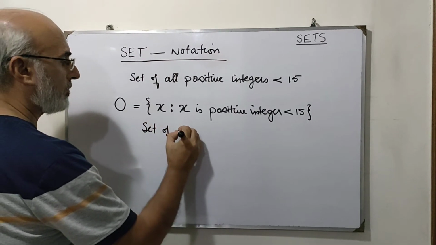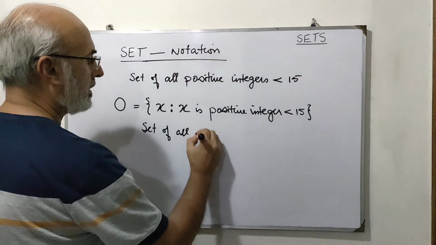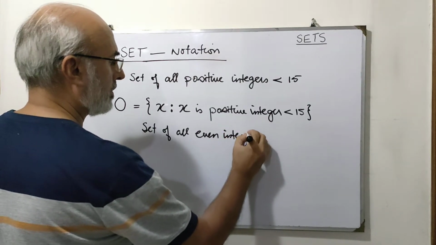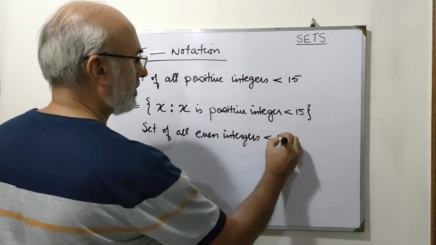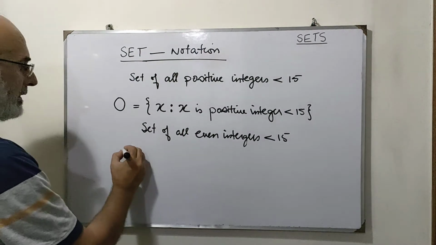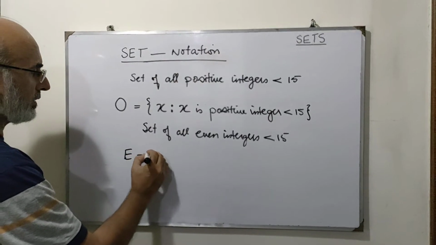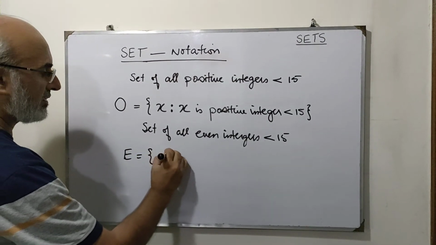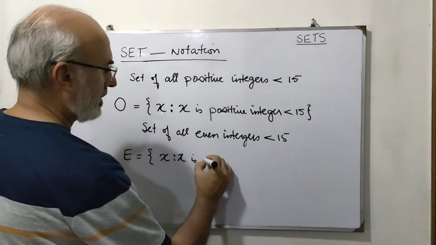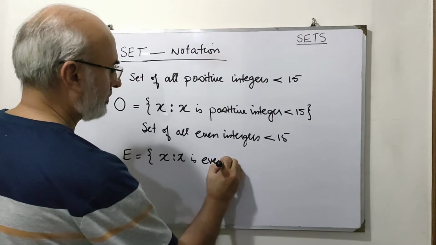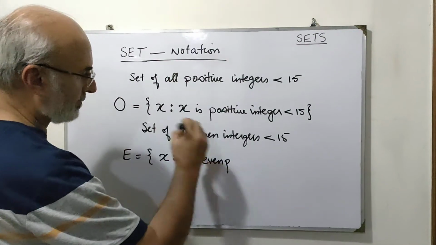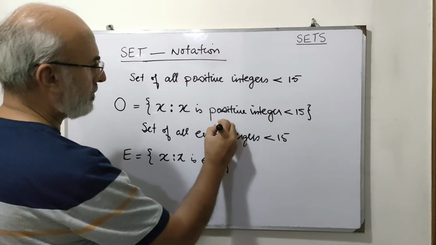Set of all even integers less than 15. Okay. Now let's say I say E equals X such that X is even, and also let's mark here even, positive.